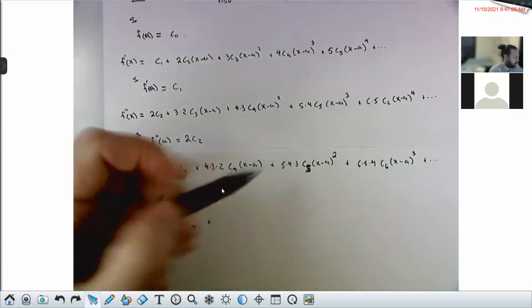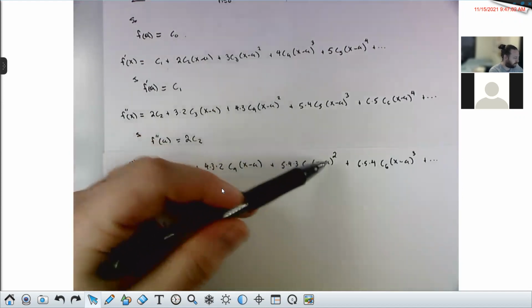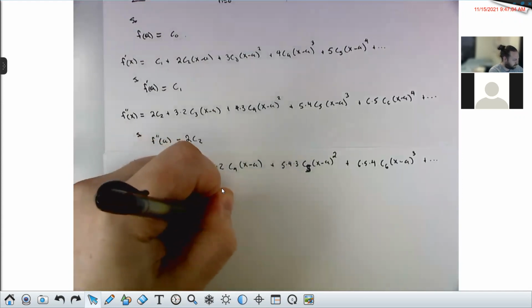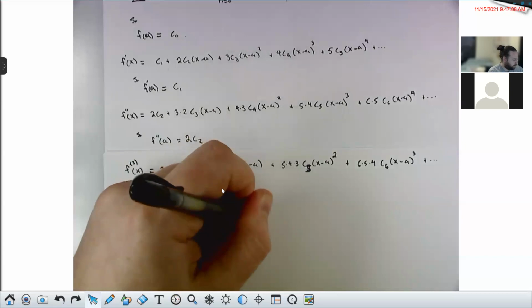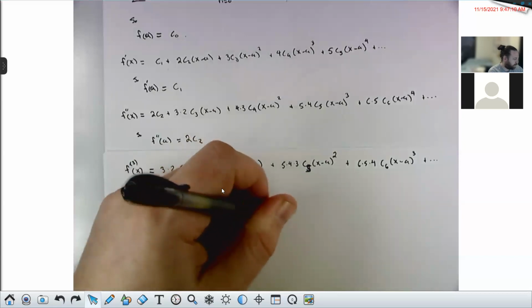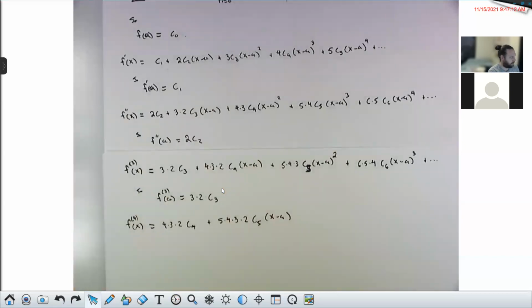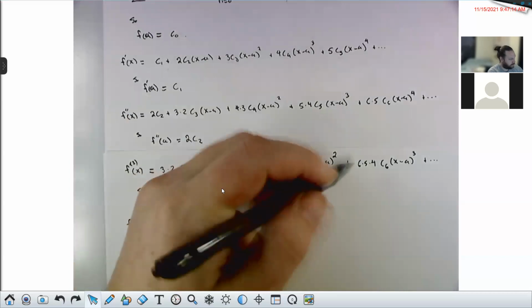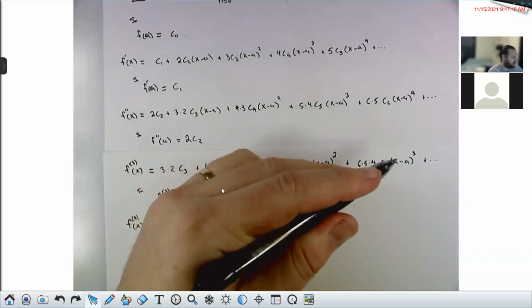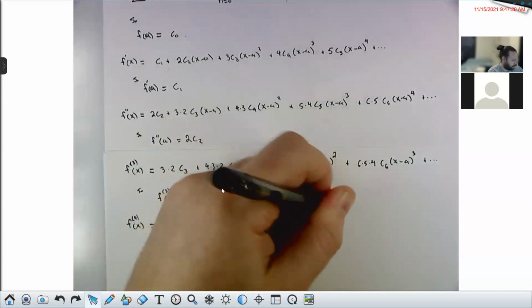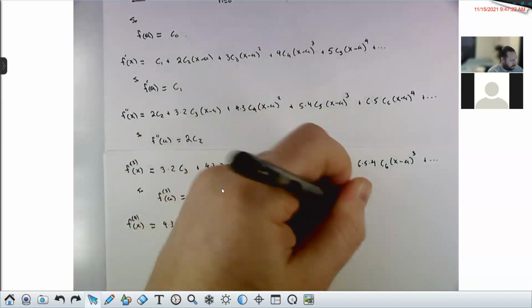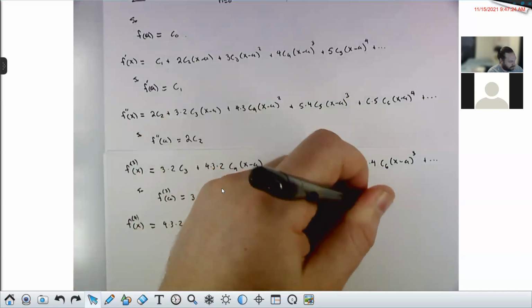Plus 5 times 4 times 3 times C5 times x minus a squared differentiates to 5 times 4 times 3 times 2 times C5 times x minus a. Plus 6 times 5 times 4 times C6 times x minus a cubed differentiates to 6 times 5 times 4 times 3 times C6 times x minus a squared.